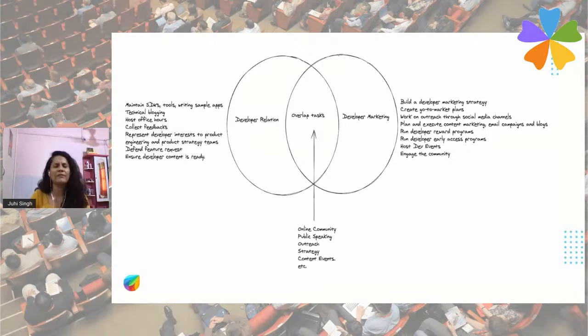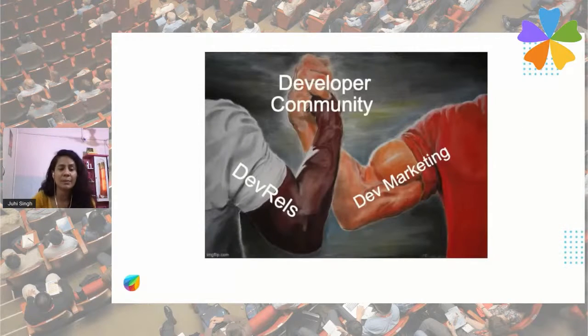Even though these two roles do many different tasks, they both aim for the same thing, the developer community. Whether it's developer relations or developer marketing, they both aim to serve the community. The aim is to provide as much value, input and motivation to the developer community so we can grow.